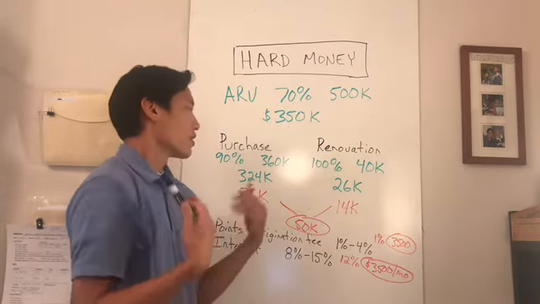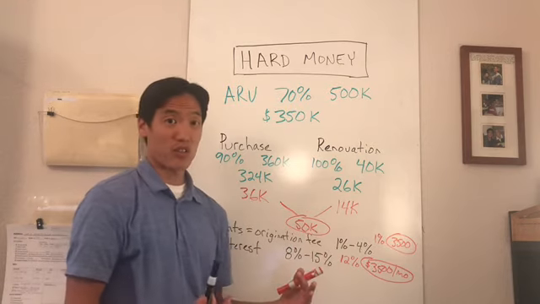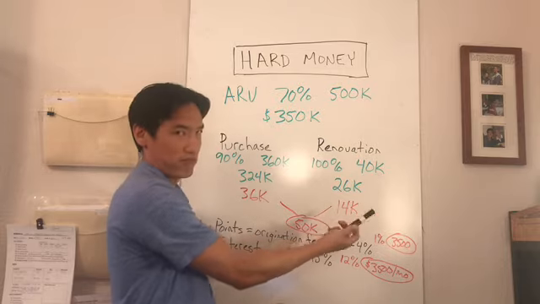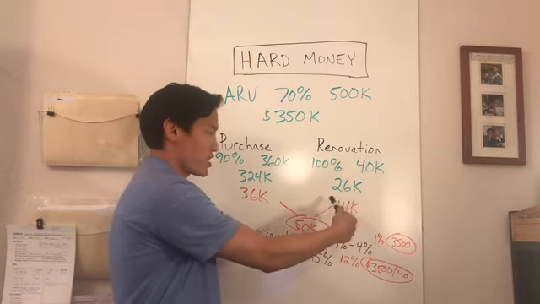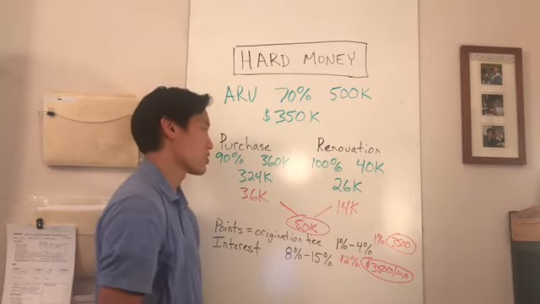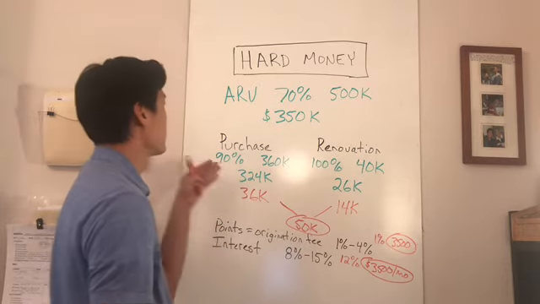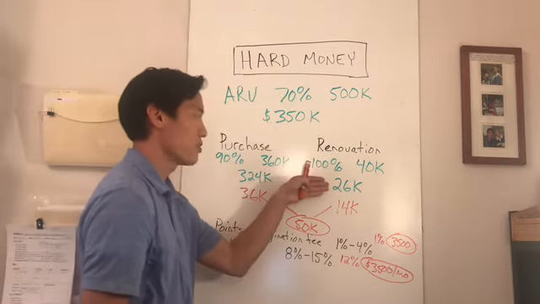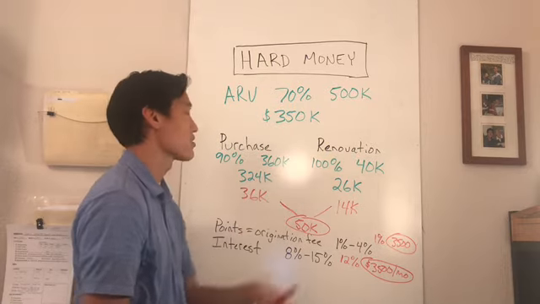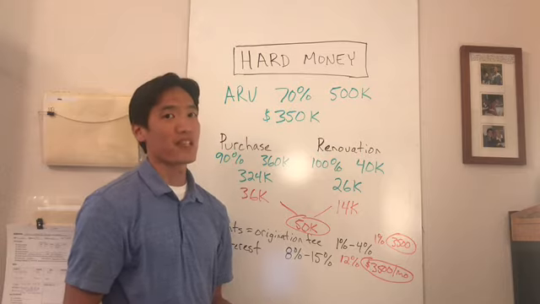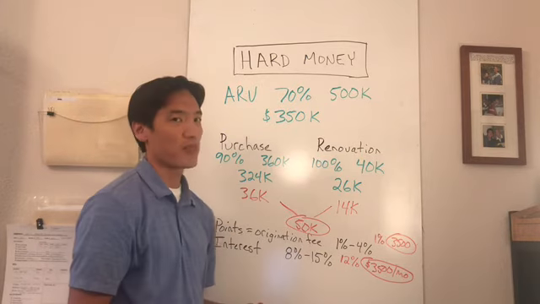So as the project goes, I'm going to start doing some construction, and I'm going to probably bring out of this $14,000, I'm going to be paying for the renovation. But then I'm going to ask for a draw from the hard money lender to be able to access this $26,000.